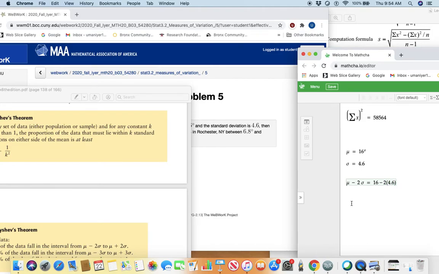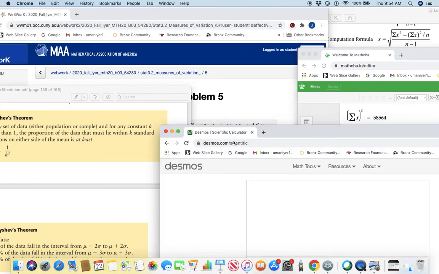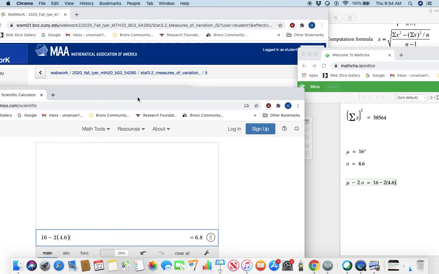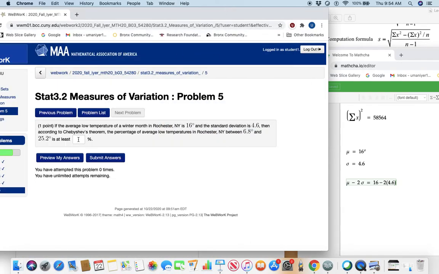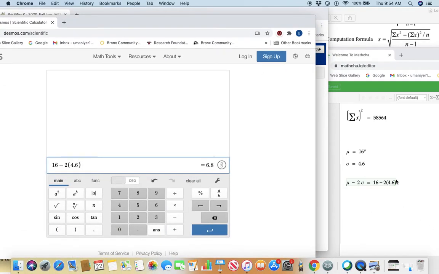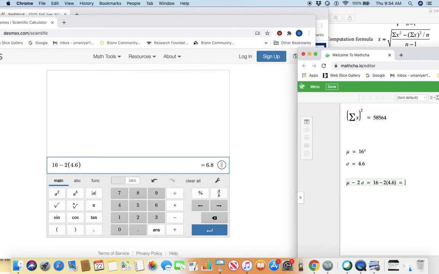So where's my calculator? There you go. 16 minus 2 times 4.6. Oh, 6.8, precisely the left end point they are looking at. Okay, so good. So looks like we are talking about 2 standard deviations.